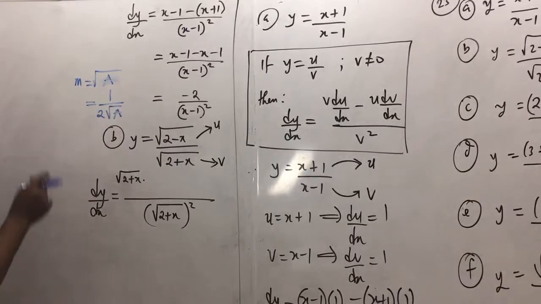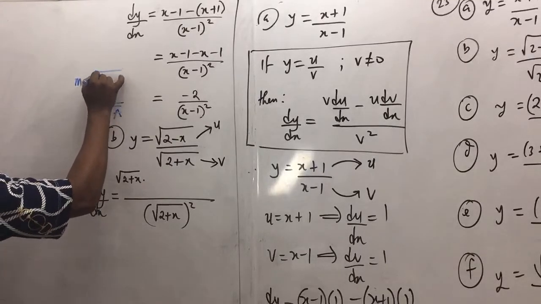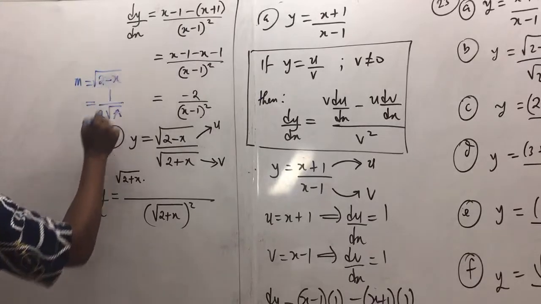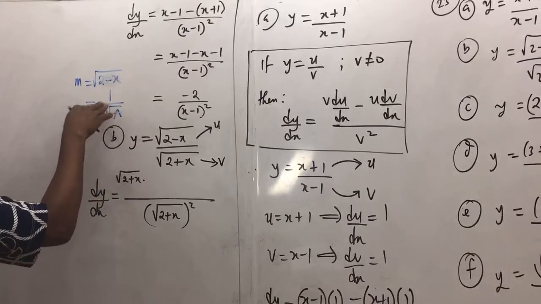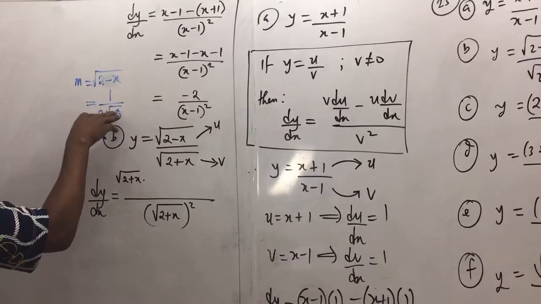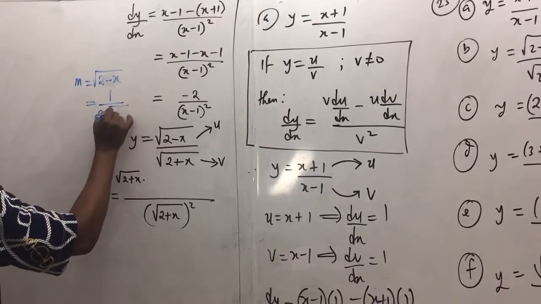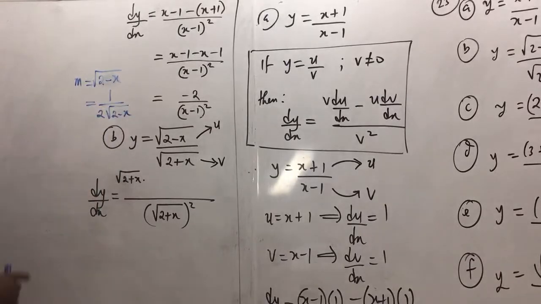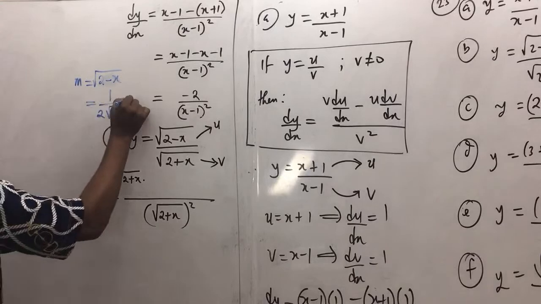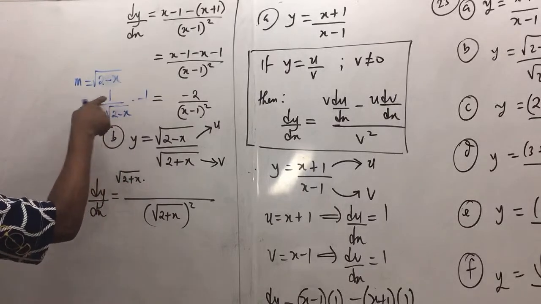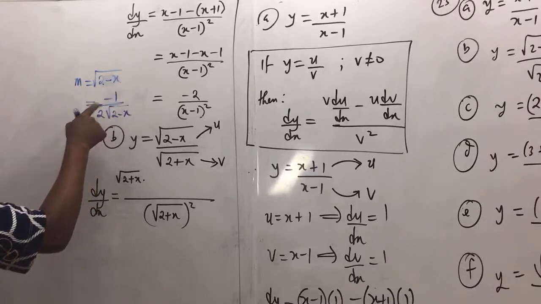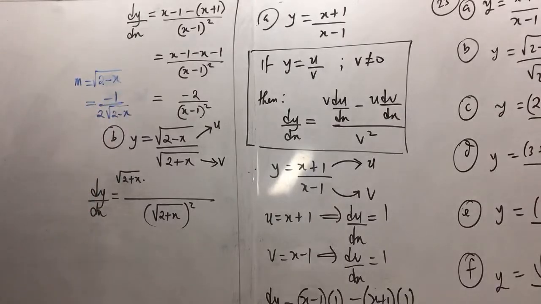Since this is not a, rather you're having 2 minus x, now that you differentiated the outer function to have 1 over 2 square root of 2 minus x, differentiate the inner function. When you differentiate the inner function, you are going to have minus 1. That minus 1 multiplies this to give you minus 1. So you end up having your result as minus 1 over 2 square root of 2 minus x.